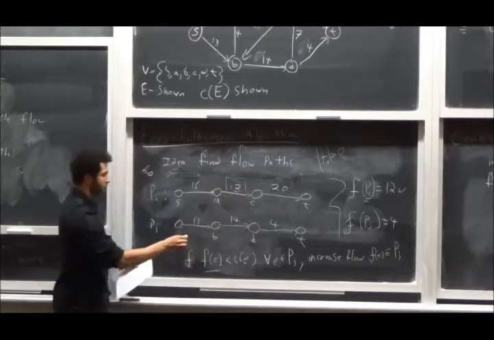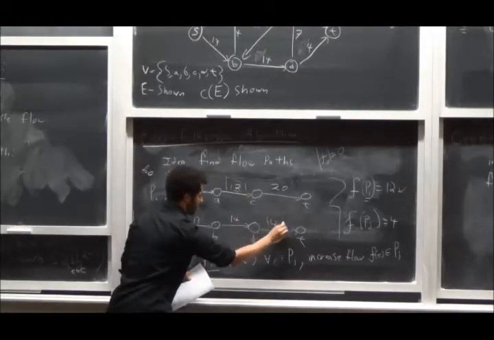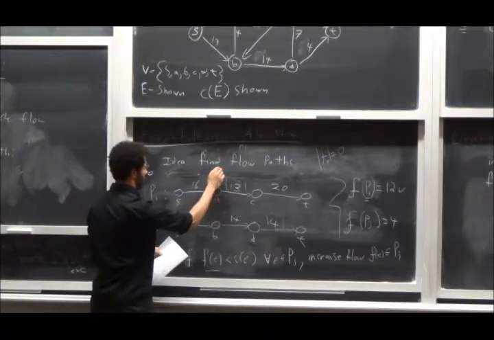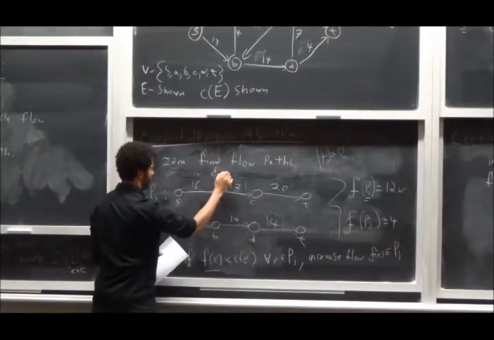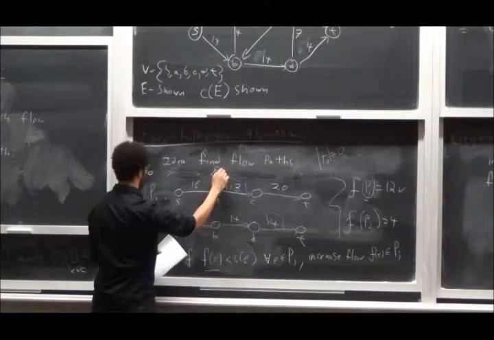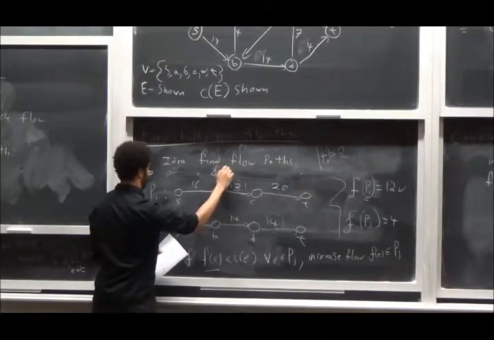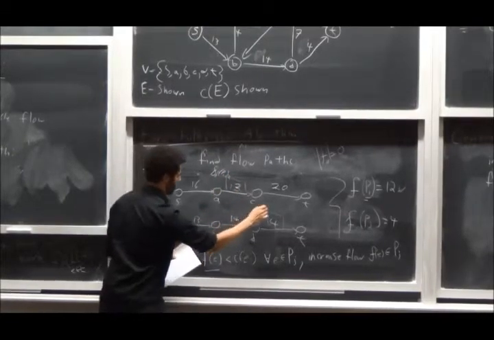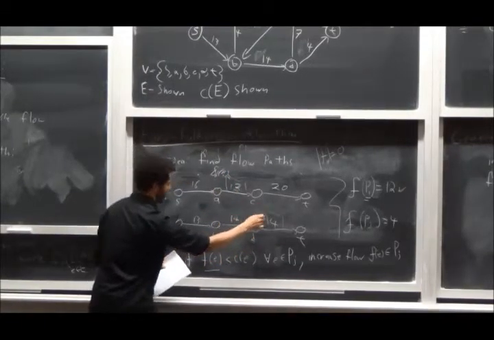12. And here it's 4. So in these cases, the residual flows for P1 would be equal to this, and for PJ would be equal to that.